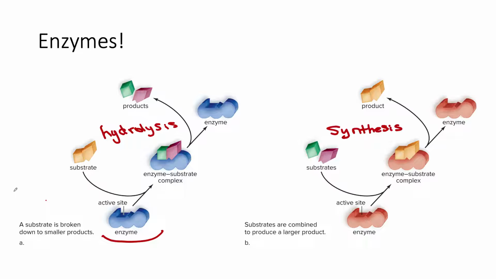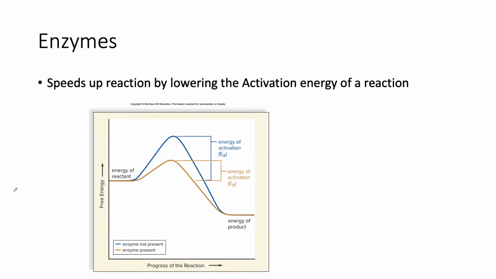So why do we even need enzymes? Well, enzymes are important because they speed up reactions by lowering the activation energy. And this basically shows you that when you have an enzyme present, the amount of energy that you need for a reaction to happen is much lower, it's here, than the amount of energy that you need when you don't have an enzyme present.